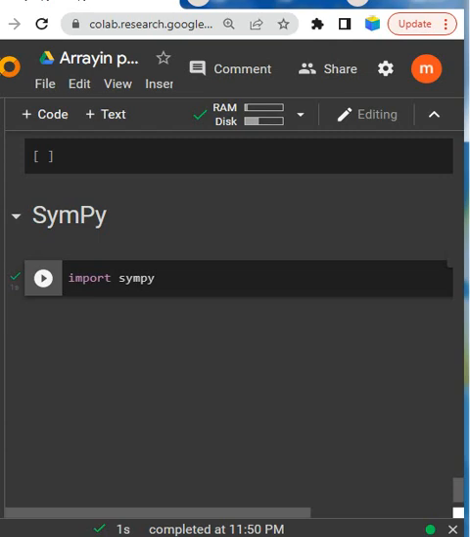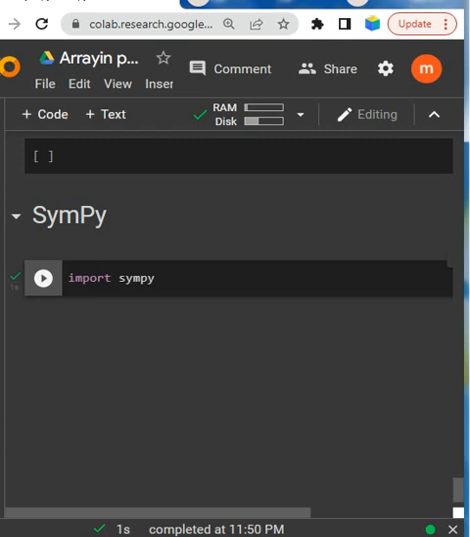Here we have sympy.init_printing, a function which configures the SymPy printing system to display nicely formatted renditions of mathematical expressions.